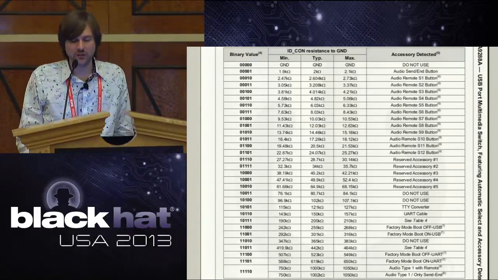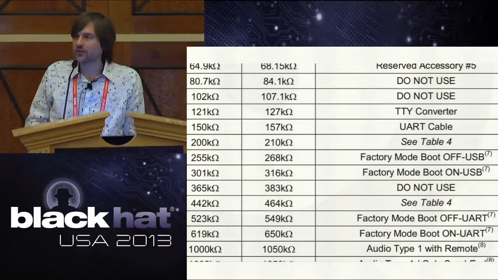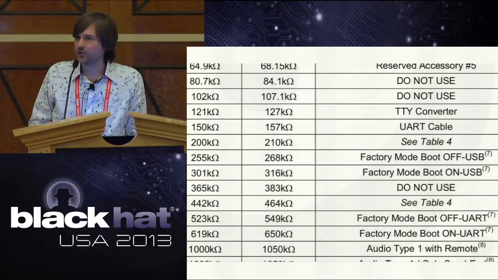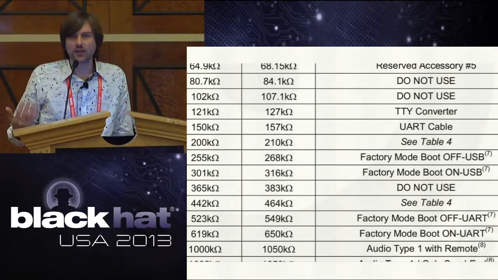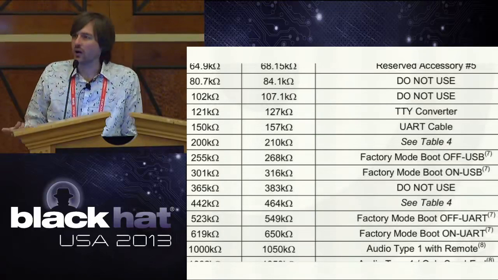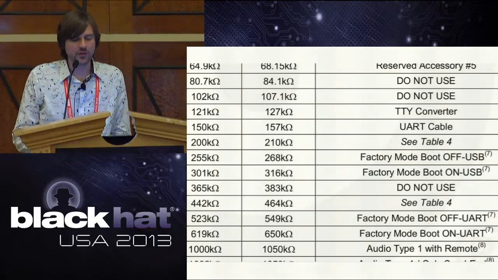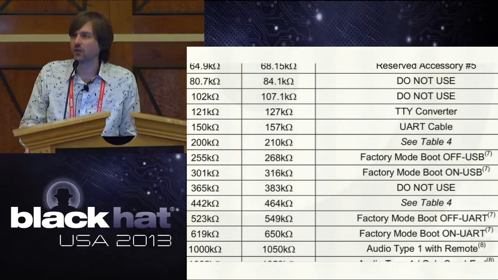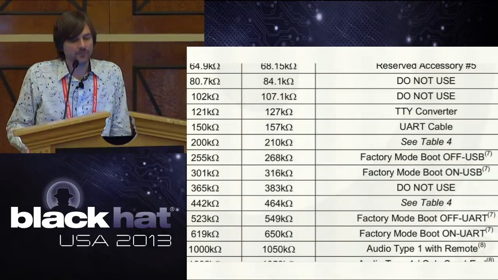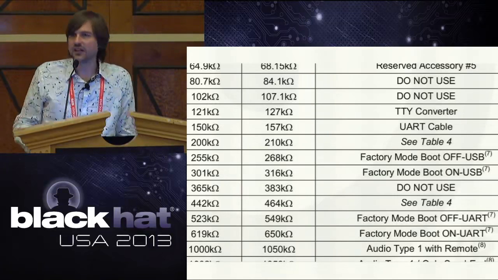I'll just zoom in a little bit on a section that's interesting to us. There are a number of TTY converters, UART, factory mode, boot modes. These things are debug interfaces and programming interfaces for loading code onto a phone or debugging that phone in some way. And in particular, we found a lot of phones, especially Samsung phones, have this UART cable line where it's a 150 kilo ohm resistor.